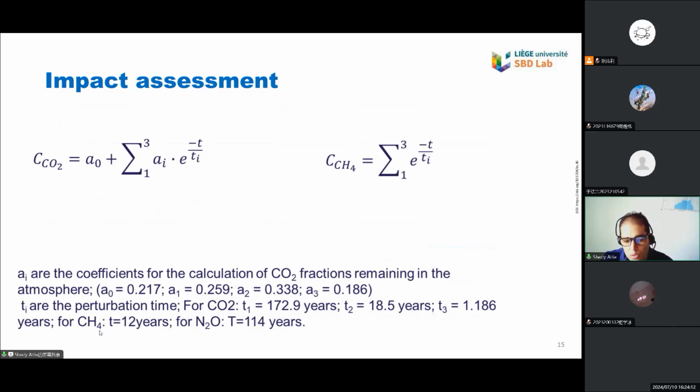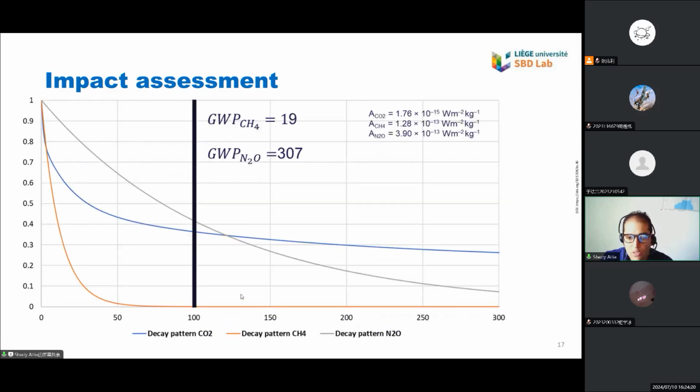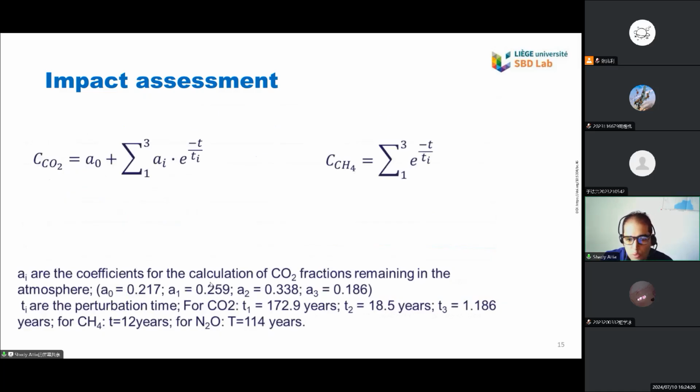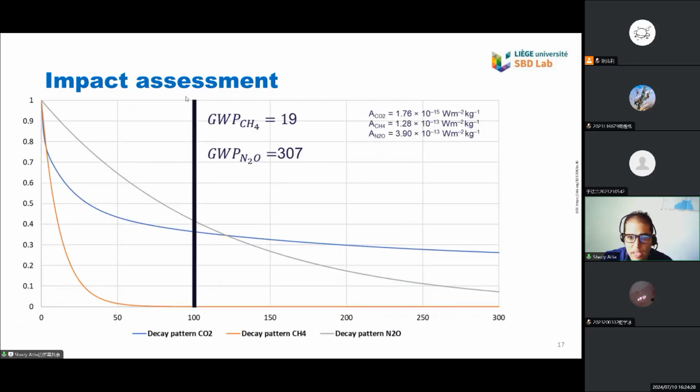For example, for methane, it's 12 years, and for nitrous oxide, it's 114 years. So we are trying to calculate what these values are after 100 years. Then we come up with these coefficients for calculation, saying how much will be left of the three gases.